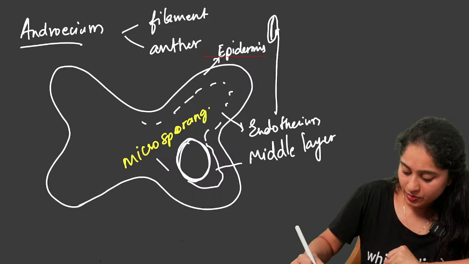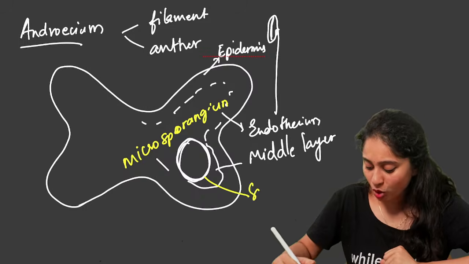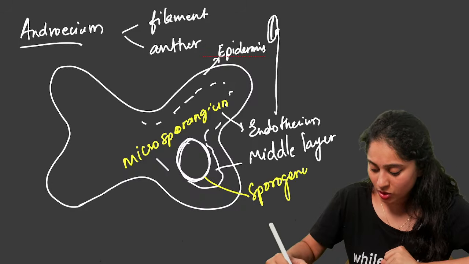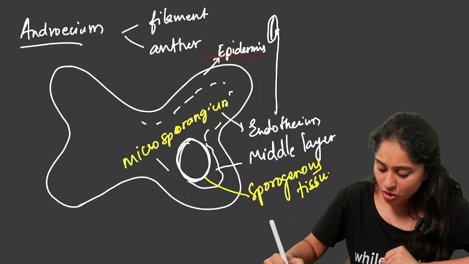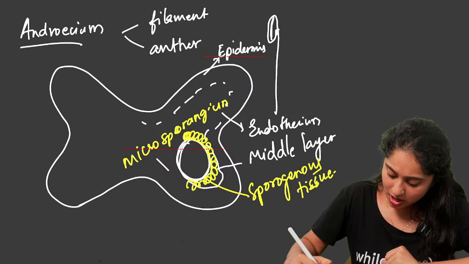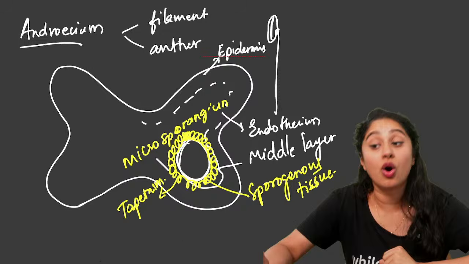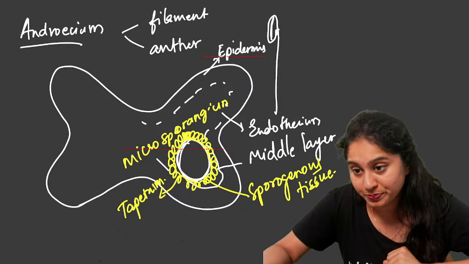This microsporangium is nothing but the sporogenous tissue that we are talking about. But this sporogenous tissue is covered by another layer of cells called the tapetum, which is there for nourishment and support of the sporogenous tissue.